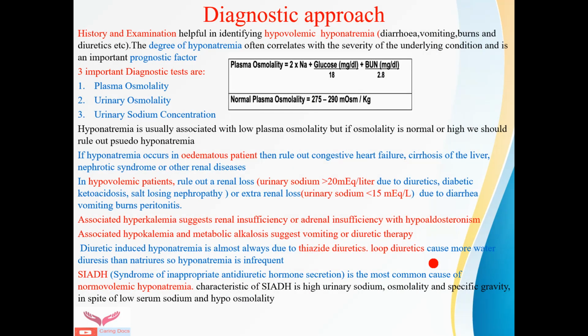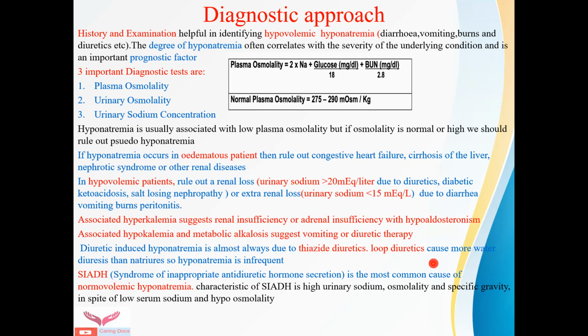Coming to the diagnostic approach, history and examination are helpful in identifying hypovolemic hyponatremia. For example, the patient will have a history of diarrhea, vomiting, burns, diuretic use. The degree of hyponatremia often correlates with the severity of the underlying condition, and it is an important prognostic factor.